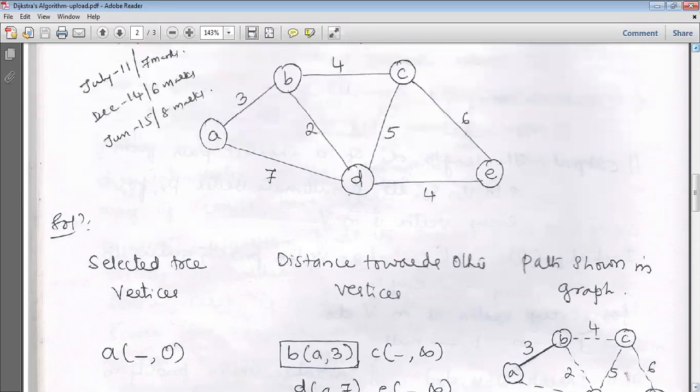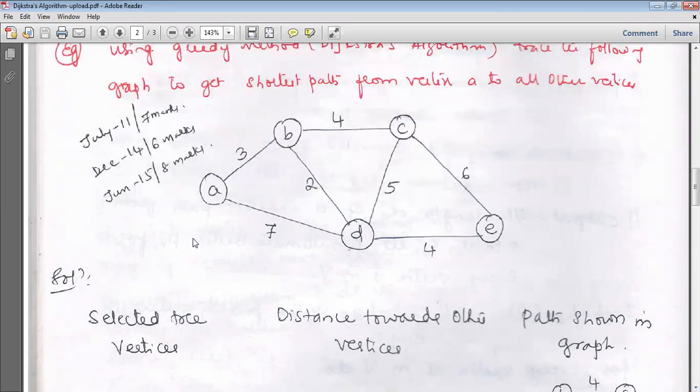See, to reach C starting from the start vertex, what we need to do? We need to add this distance plus this distance. So what is the distance from here to here? A to B, it is 3. B to C, it is 4. So when we are considering the distance from B to C, whatever the distance from A to B also has to be added up.